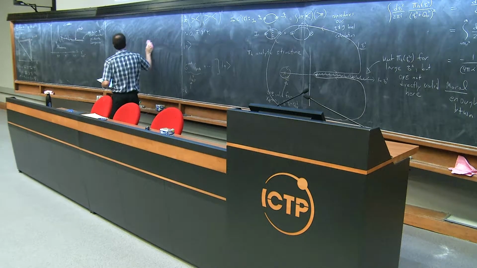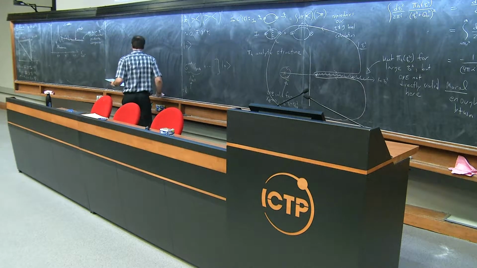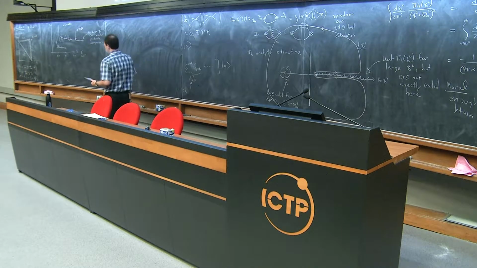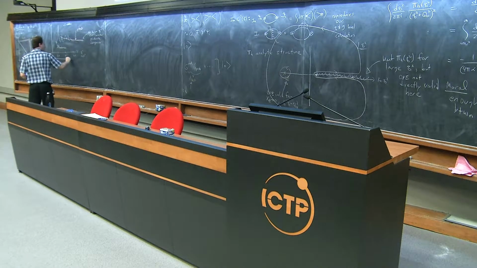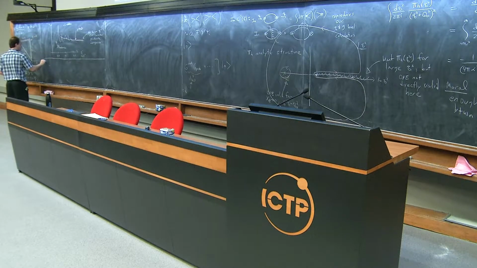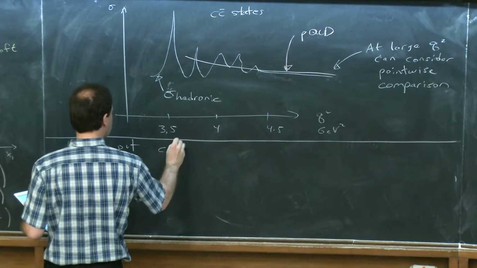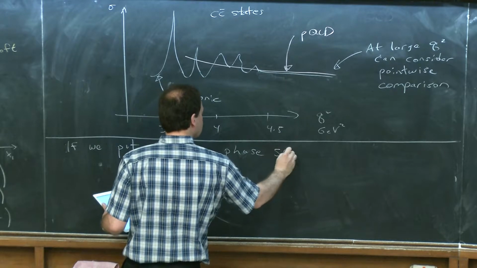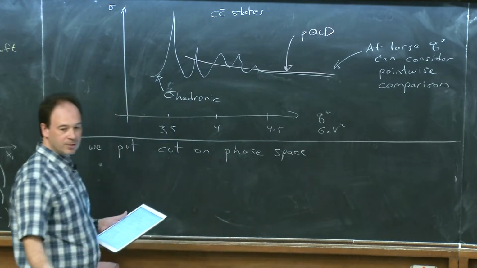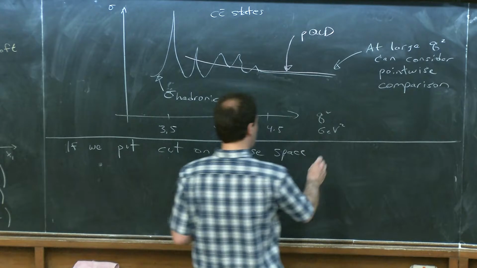So we'll use these approximations in the context of thinking about this question of phase space restrictions and what happens, but we'll find more use for them than just that later in the lecture. Okay, so if we put cuts on the phase space, what's going to happen is there's going to be some parameters involved with those cuts.